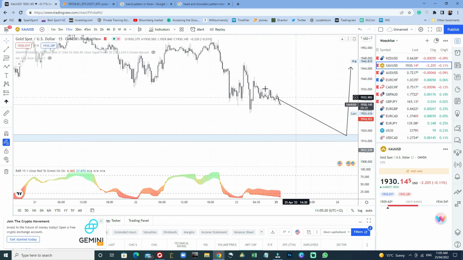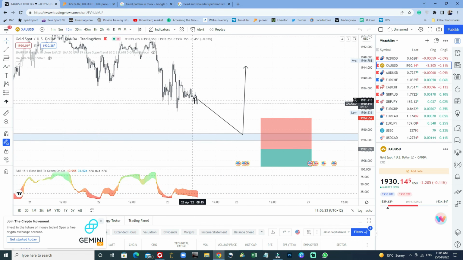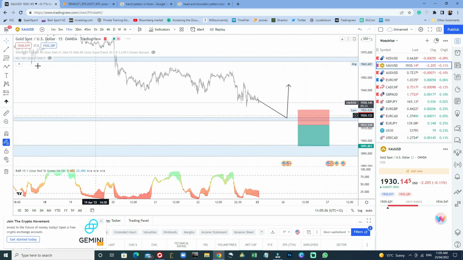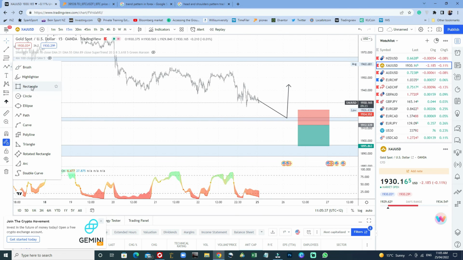I expect the market to push to the downside and rebound. That's why I drew this rebound to the upside. Or we have to wait for the market to do what it wants to do. It can get here, break this key level, and keep pushing to the downside.